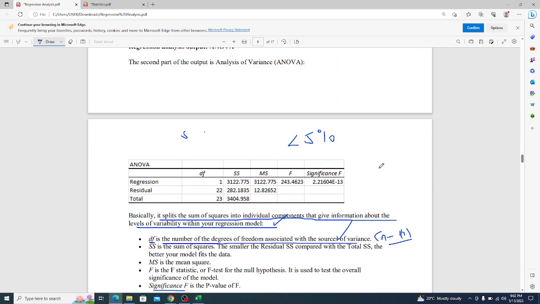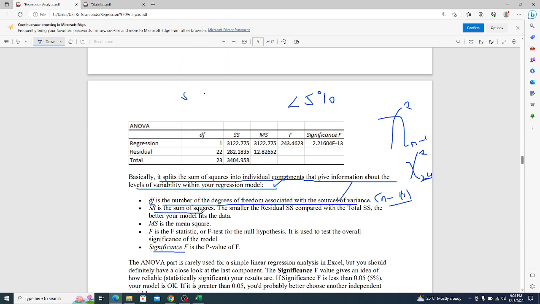For example, if we were to compute the chi-square of this data, we'll say this data has a chi-square distribution with degrees of freedom n minus 1, which means it has 24 minus 1, which is 23 degrees of freedom.